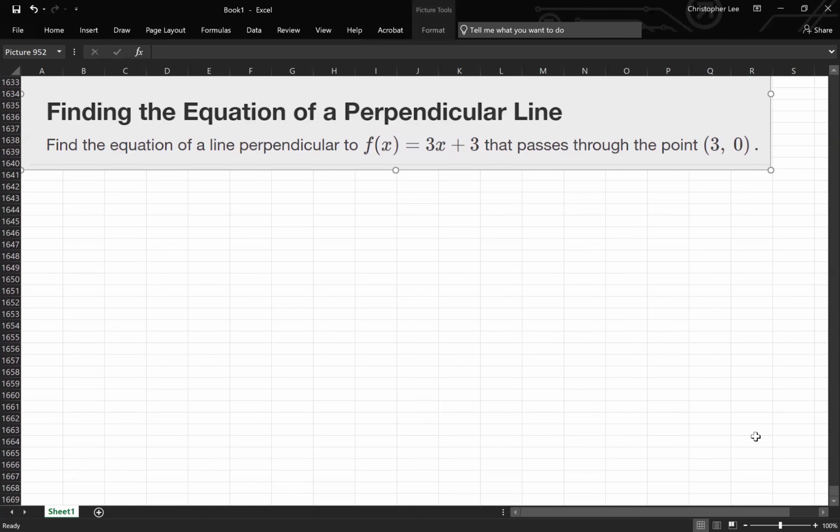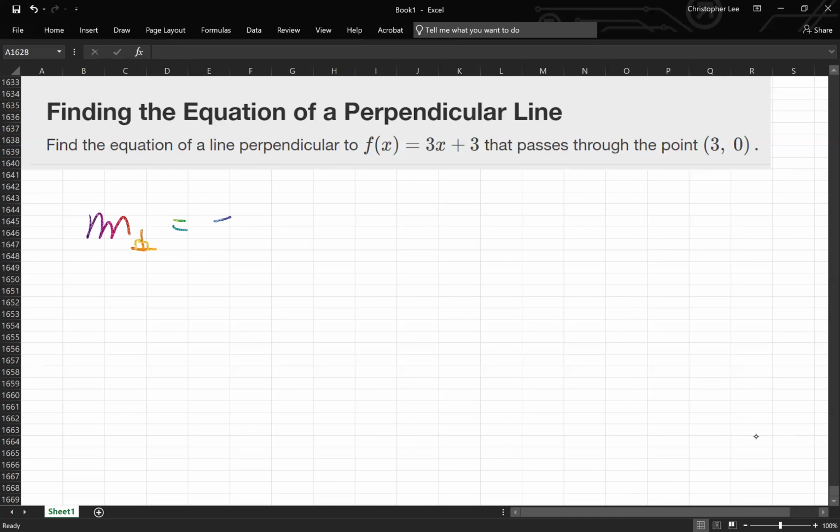How we feel? We good? So first thing I want my perpendicular slope. So m perpendicular, this is going to be what? Negative what? 1/3, right? And then now I have my point, which is 3 comma 0.